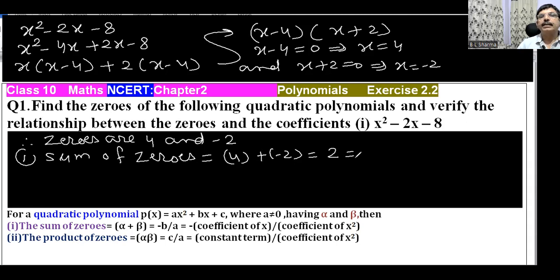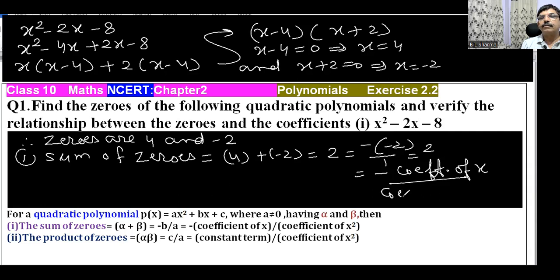And here, we can write the negative of the coefficient of x, that is minus 2, which gives 2, and the coefficient of x square is 1. So we can say the sum of zeros is the negative of the coefficient of x upon the coefficient of x square.